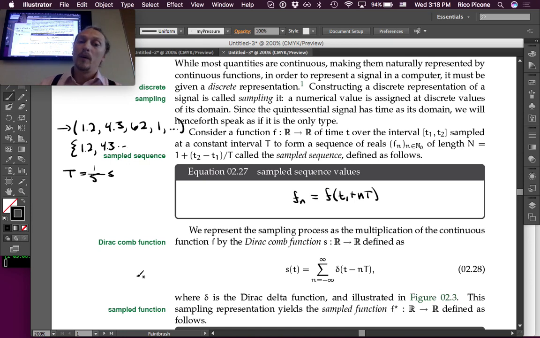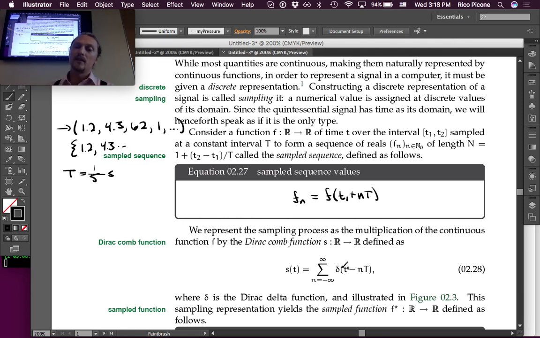So we represent the sampling process as the multiplication of the continuous function f by the Dirac comb function s, defined as shown here, as the sum of a bunch of Dirac delta functions.